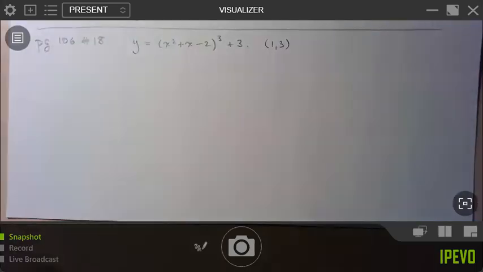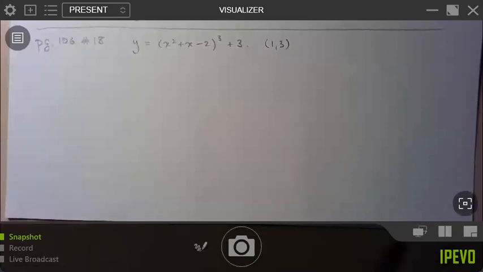So what it says is show that the tangent to the curve at 1, 3 is also tangent to the curve at another point. So I guess it makes sense to find the tangent at 1, 3. Let's see what's special about this tangent. And then from there, let's see if it helps us to find some other point with the exact same tangent line. So notice here, it doesn't say just the same slope. It actually says the exact same tangent line.